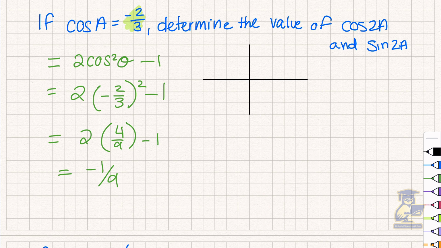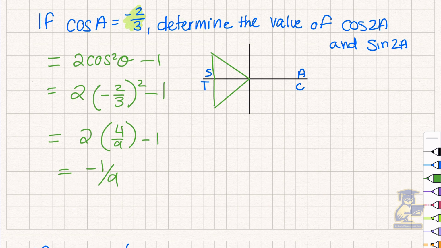So that means, according to the cast rule, it can be in either quad 2 or quad 3. Now if it's in quad 2, we know that for cosine, we have the adjacent over the hypotenuse. So our adjacent would be -2, hypotenuse is 3.